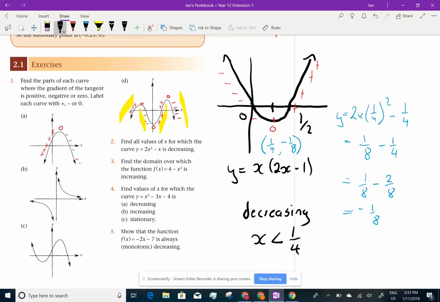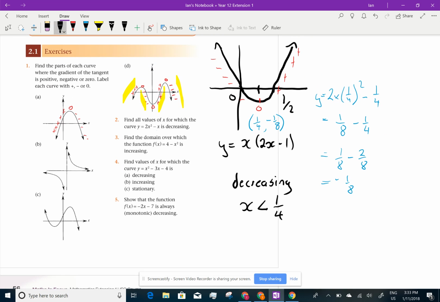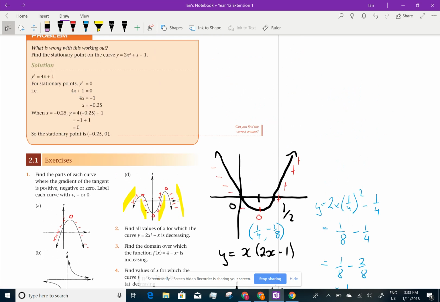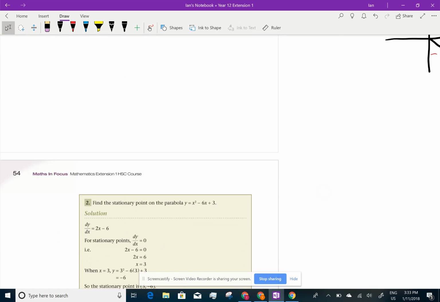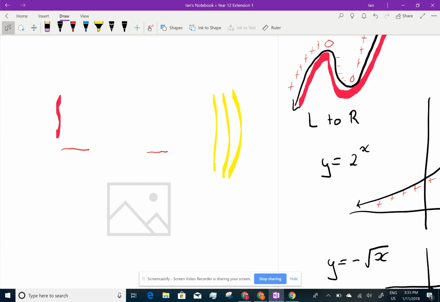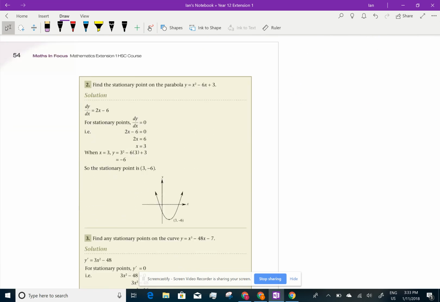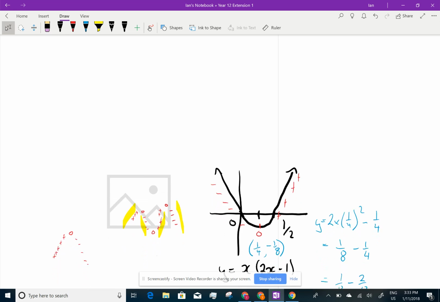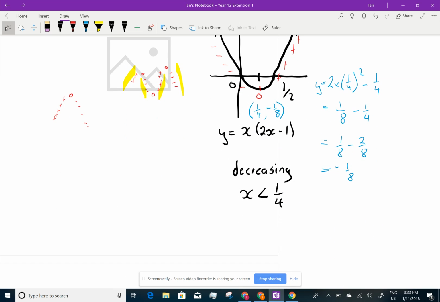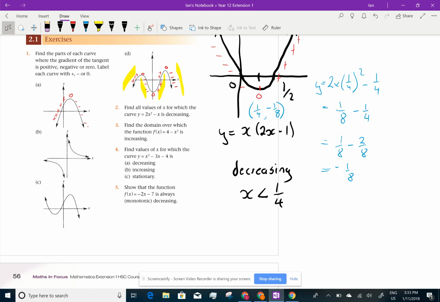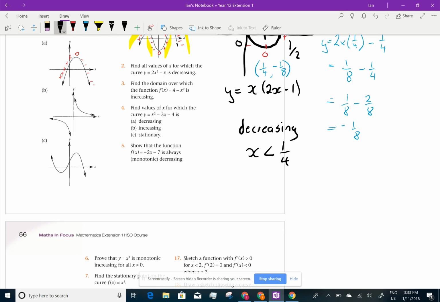It's too much work for what you need to do. What I said is you could do it that way. But we're lucky because we wrote these notes up here. We know that a curve is decreasing when the derivative, the gradient function, the gradient of the tangent, is less than 0. So let's do this a different way.